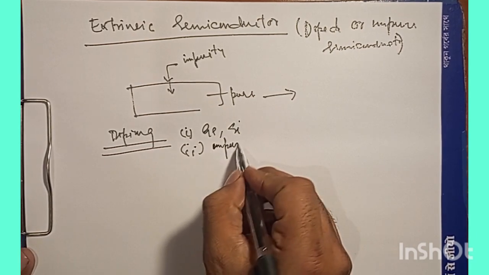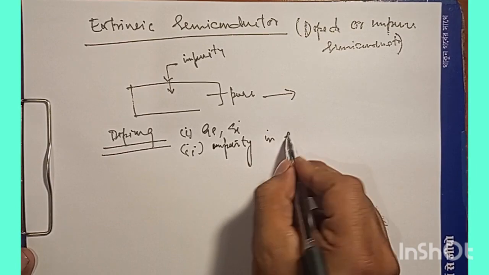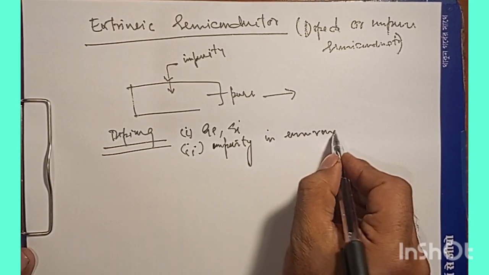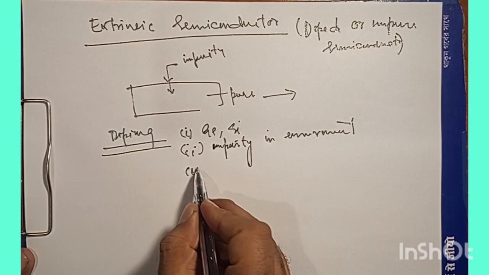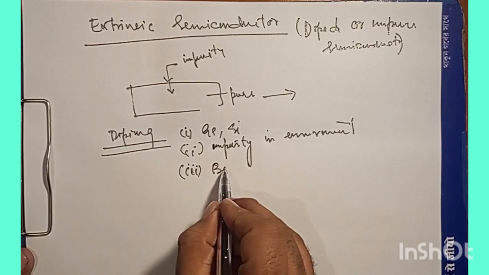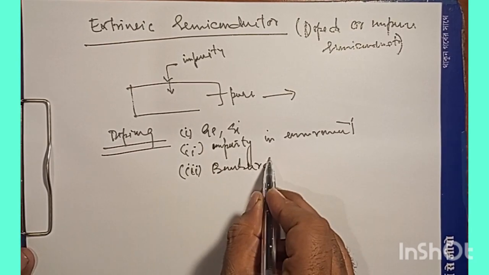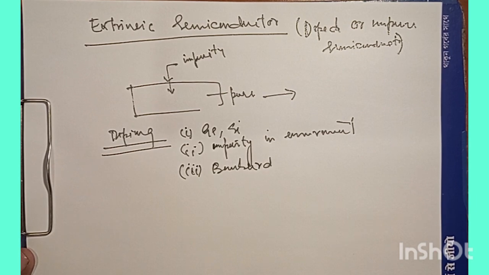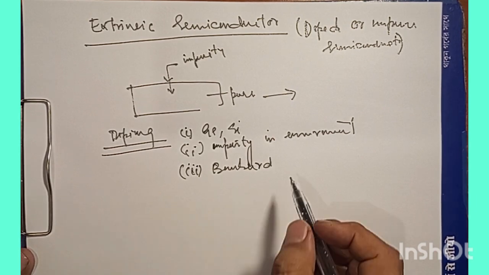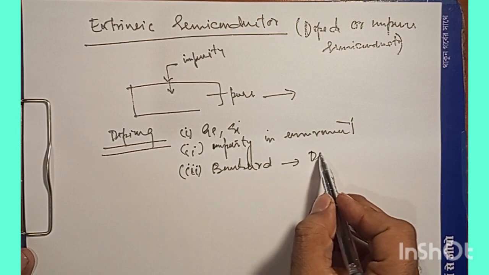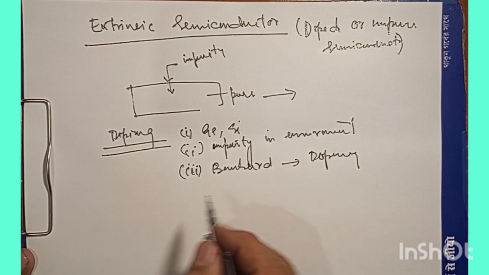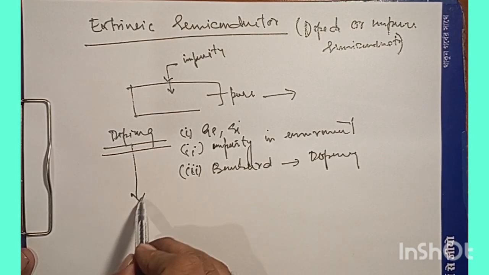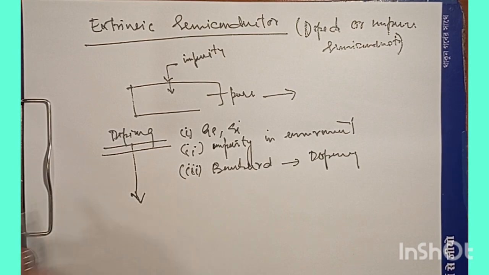And another important way that can be used is to bombard the parent intrinsic semiconductors with the impurity atoms, so we can have the doping using bombardment of atoms on the material. Now the question arises: can we add anything that we want to add to the parent material?